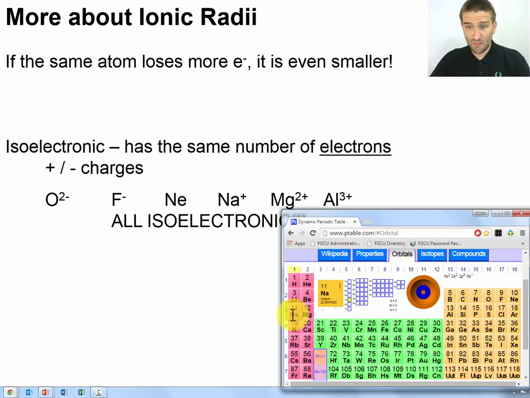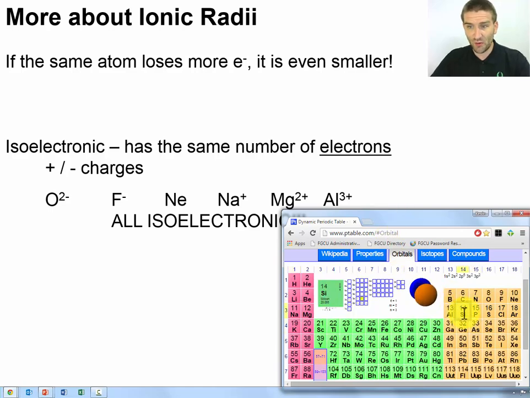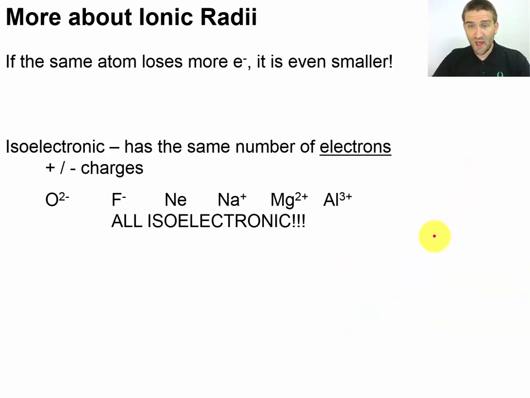With sodium, we're at 2s2, 2p6, 3s1, but we take away the outermost 3s1 electron to make it the +1, and it ends up having the same configuration. So you see that all of these, if I keep going along, are going to end up having 1s2, 2s2, 2p6. Isoelectronic.